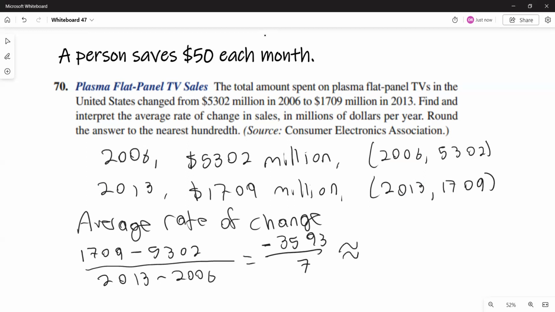This is approximately, to the nearest 100th, negative $513.29 million every year.